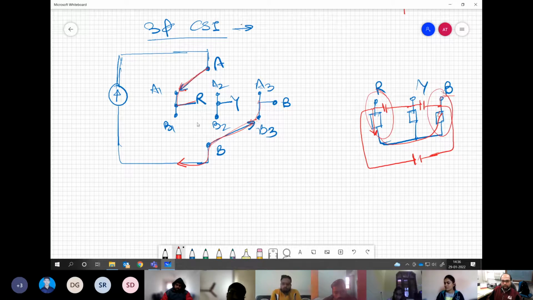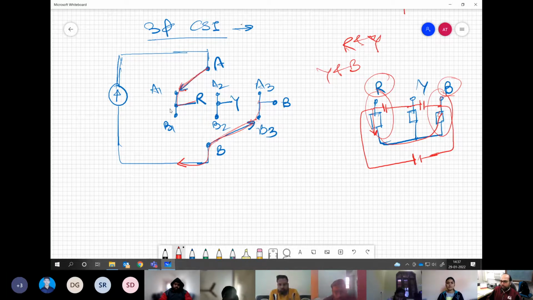Any two phases. There is no further option for this to connect. So either R and B will conduct, or R and Y will conduct, or maybe Y and B will conduct, and so on. And direction can also be reversed. You can start from B and return through R. Are you understanding this point?